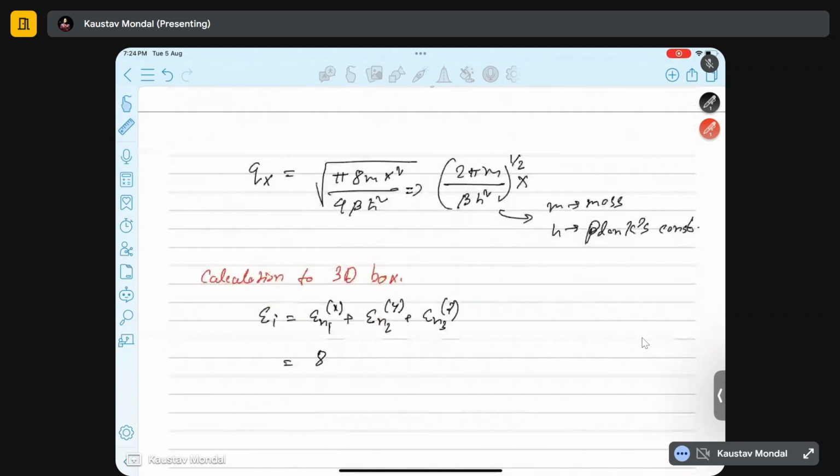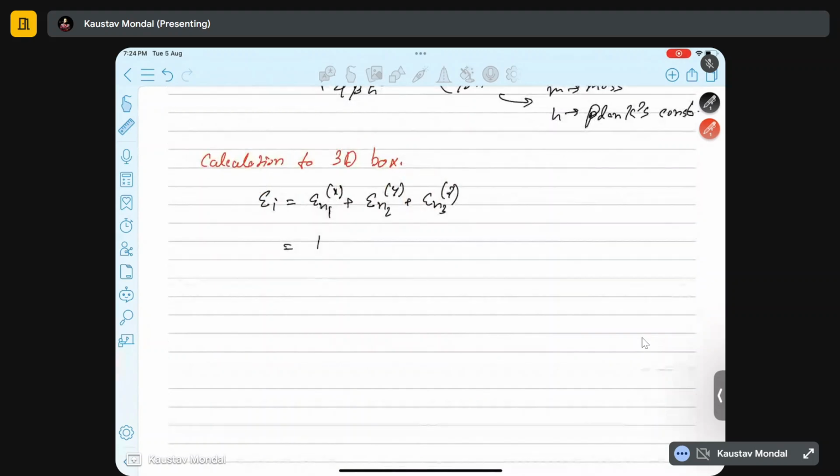So the expression was h square by 8m L square, if suppose L is the length of the box on each side, then it would be nx square plus ny square plus nz square, right? So this was the expression of the energy states in a 3D box problem, right?